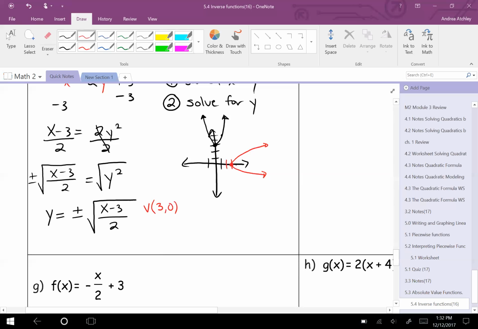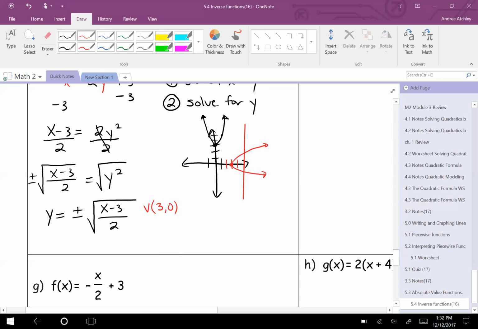But now, if I do that same vertical line test, I take a vertical line and I draw it through my graph, will I hit it more than once? So let's say that's x is 5.